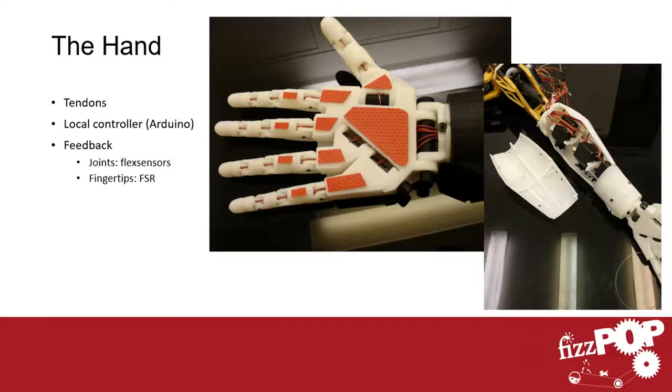You will print the different parts for each finger as separate pieces and glue them together. Then after assembling the hand, you need to run some wires or tendons through the fingers to the forearm to operate the fingers to open and close the hand.